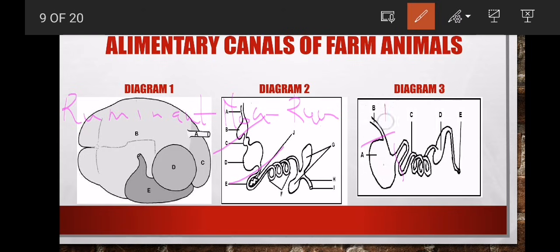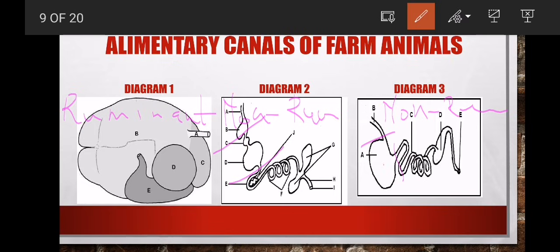So we say it's a non-ruminant. So that's how I want you to master it. Whenever they say classify, think about these 2 options, ruminant or non-ruminant. And then you look at their stomachs. If you see 4 chambers, then it will be a ruminant. If you see only 1 stomach, it will be a non-ruminant.